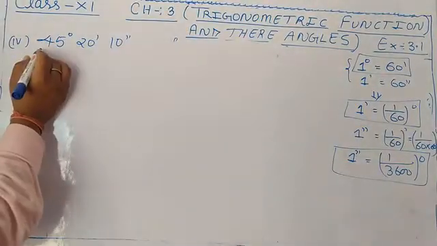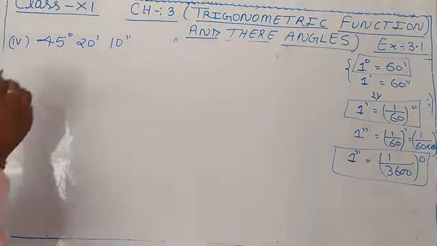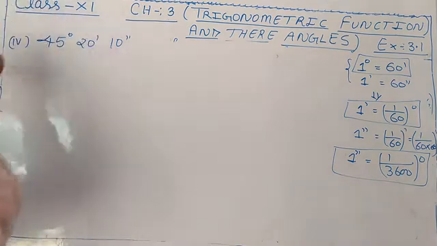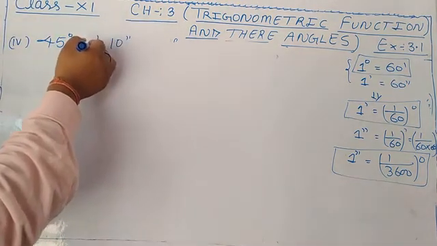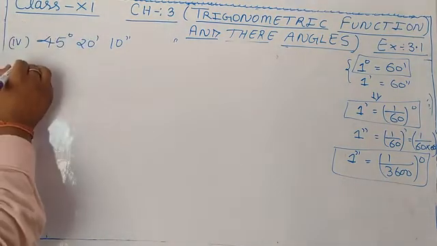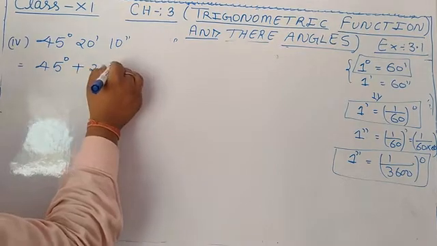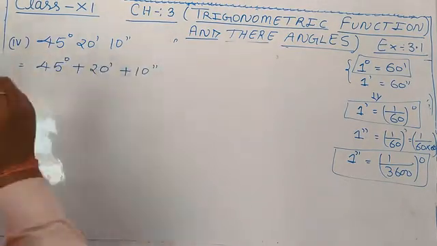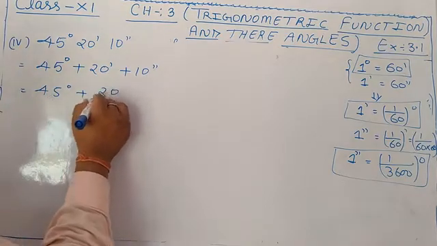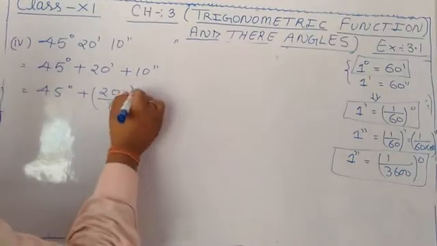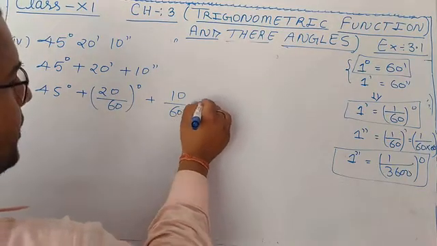Question 4th, 45 degree 20 minute and 10 second. First of all, 20 minute convert to the degree form, and 10 second convert to the minute, and minute is convert to degree. Also solve the question. 45 degree plus 20 minute plus 10 second. 45 degree plus 20 upon 60 degree plus 10 upon 60 into 60.